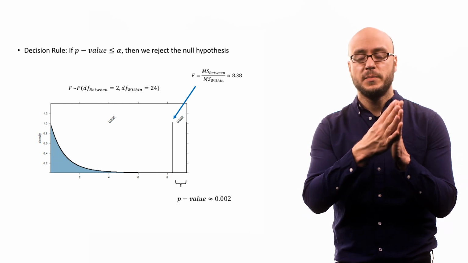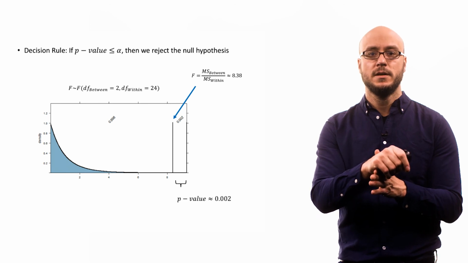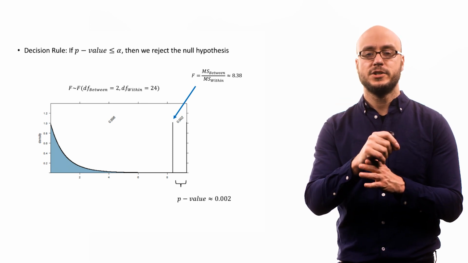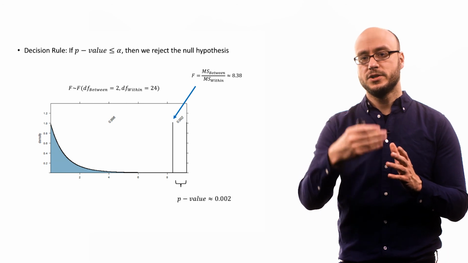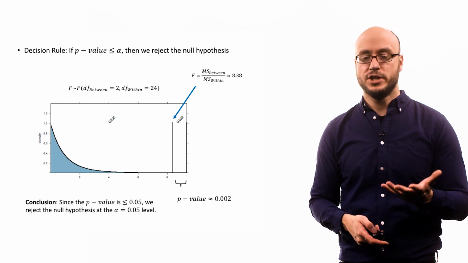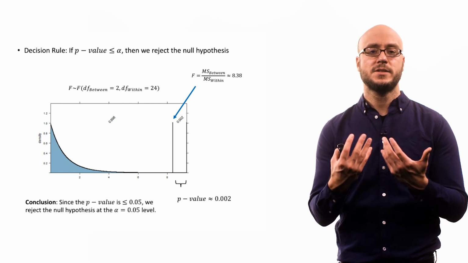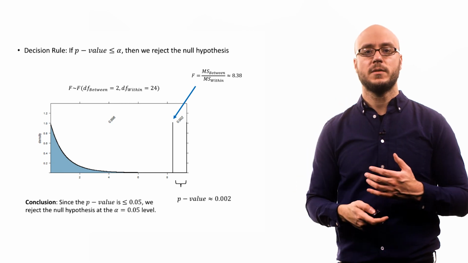The probability of obtaining a more extreme test statistic under the assumption that the null is true, under the assumption that the F ratio is 1, or equivalently, under the assumption that all the population means are the same, is very small. It's very unlikely that we obtain this data from random chance. So we can say that these group means really are quite different. These different groups probably do come from different populations.